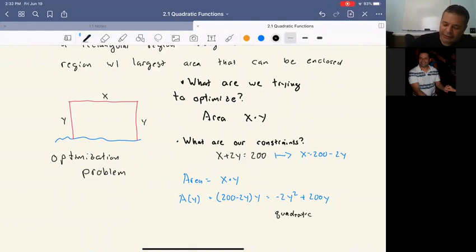It's a quadratic with the coefficient of y squared being negative, so it's going to have a maximum. Where does the maximum occur? The maximum occurs, of course, at the vertex.